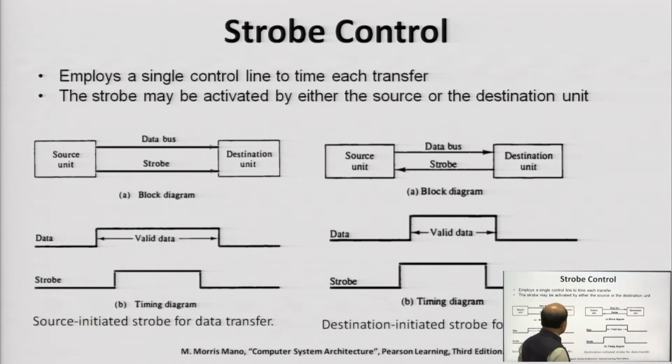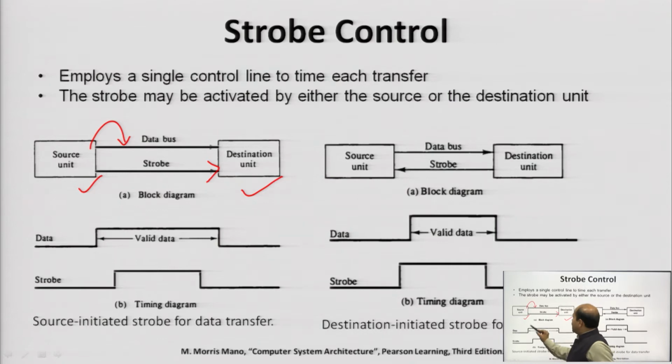In case of source initiated data transfer, there are two devices, source unit and destination unit. This particular strobe signal will be issued by the source unit, because this is source initiated data transfer. First it will provide valid data onto the channel called the data bus.